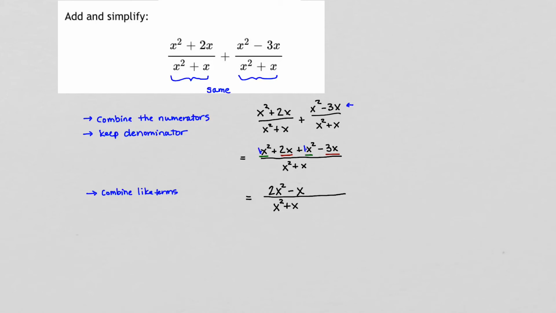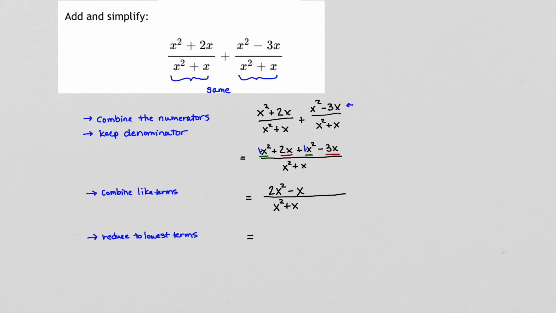Our last step, when we're simplifying and adding these rational expressions, is to reduce to lowest terms. Do you recall how we reduce a rational expression to lowest terms? We factor. We look for anything that's common in the numerator and the denominator.